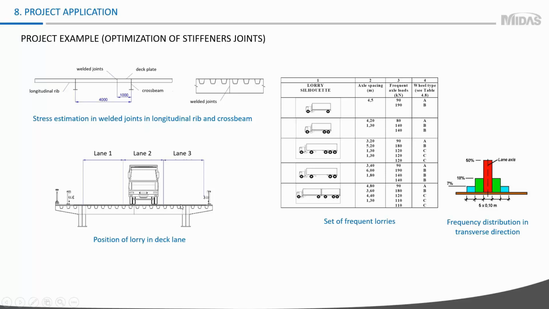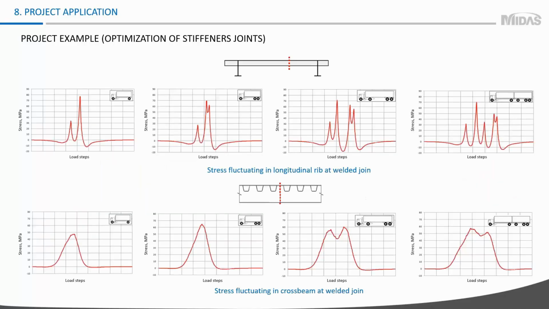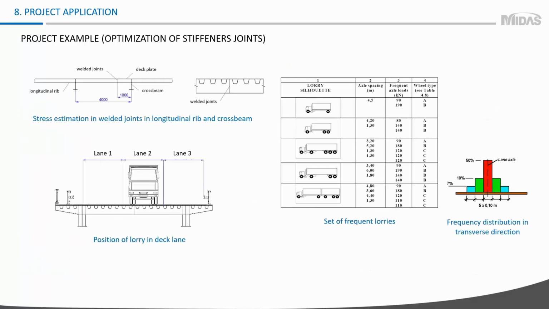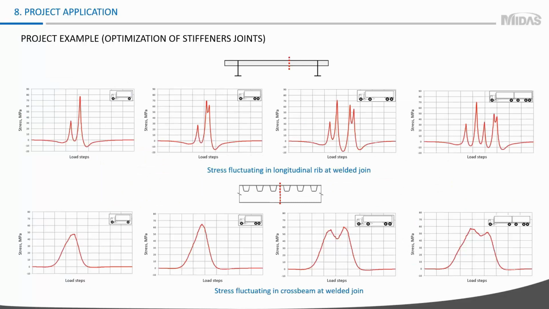And this bridge supports heavy load traffic, so for more accurate results and for reflecting realistic behavior of the structure, we considered 5 different types of lorries, and frequency distribution and transfer direction according to the Eurocode. First of all, a simplified orthotropic deck model was considered.